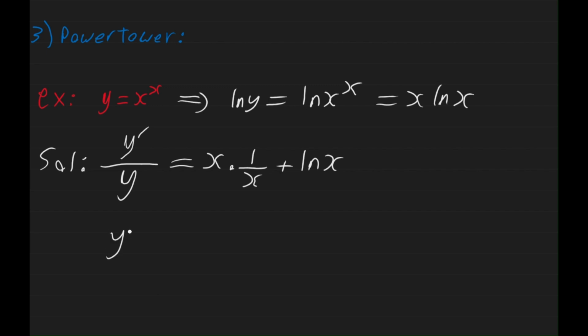So we say y dash is equal to x over x, which is just 1, plus ln x, multiplied by y. Now this y, you can remove it and put x power x.